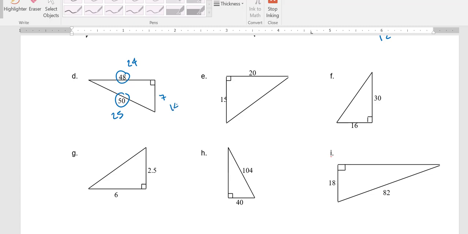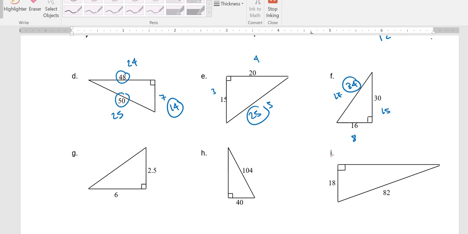So this is going to be 14. 15, 20. Hopefully you can see that this is just a 3, 4, 5 triangle. This is 3, 4, 5. Divided by 5, multiplied by 5. So this is 25. This one here, divided by 2, 8, 15, 17, multiply it back by 2, so it's 34.